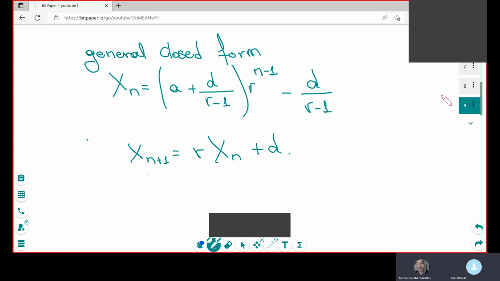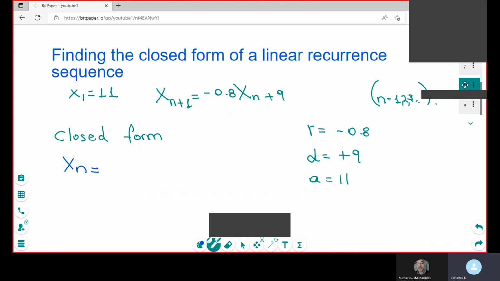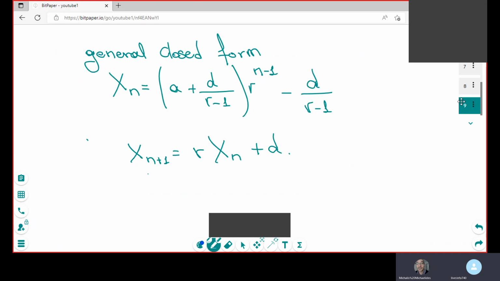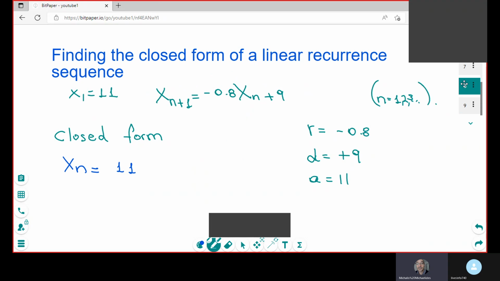Now the a is the first number of the sequence. The first number is 11. So I write here 11 inside the bracket, of course, because I need to apply the formula: 11 plus d. So I need to see what is the d.